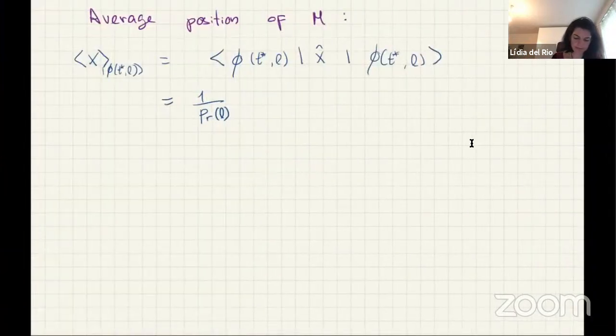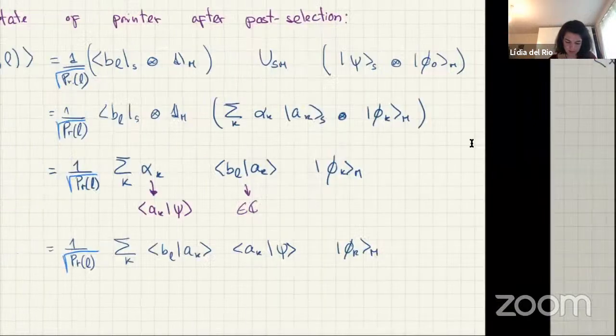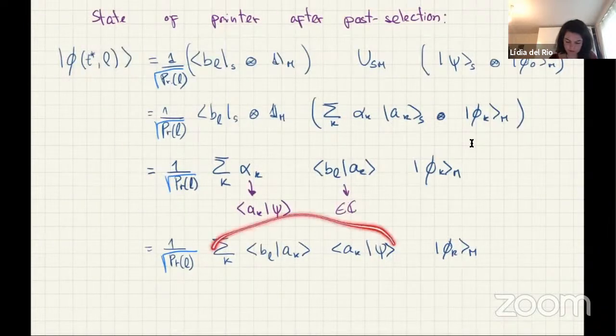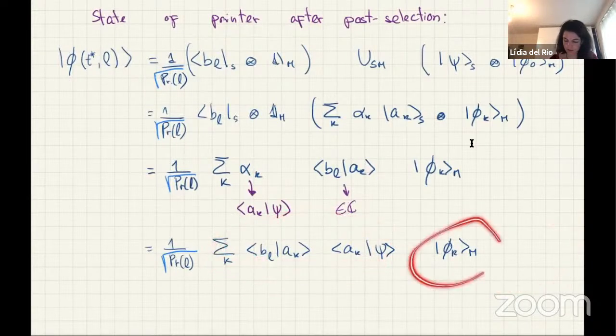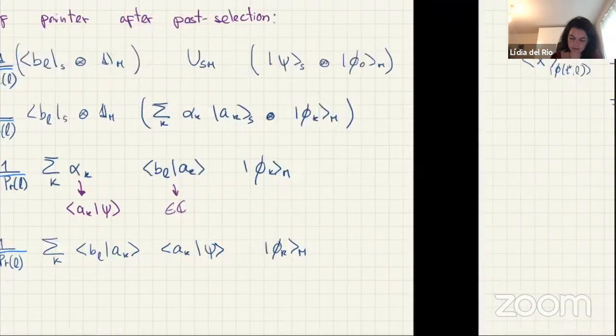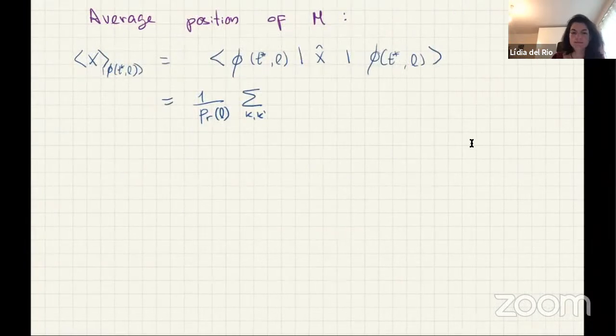Okay, good. And now we get two sums on K and K prime. And now we get kind of all of these terms double, one for K and one for K prime. And then we'll get the sandwich of this with our observable. So let's see. We have the L, AK, AK psi.